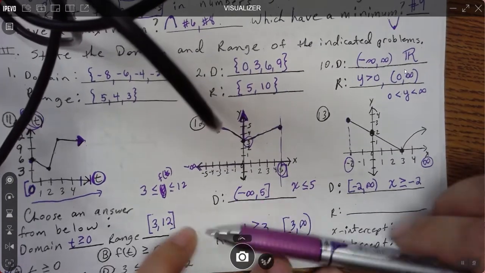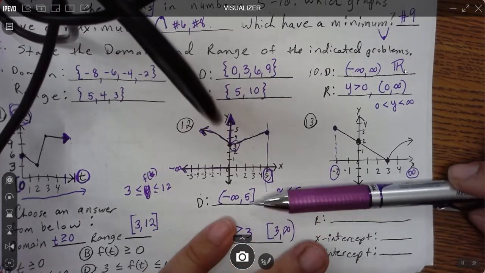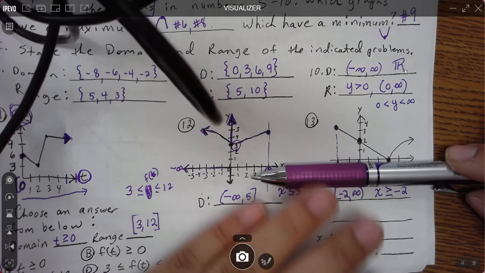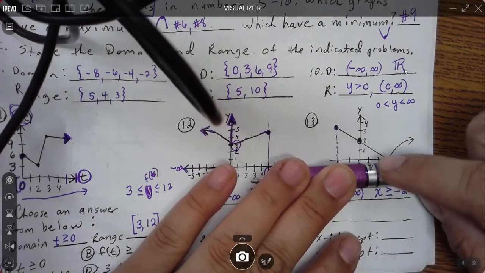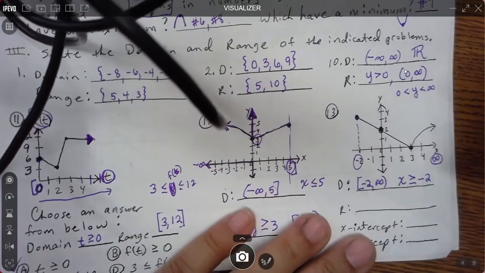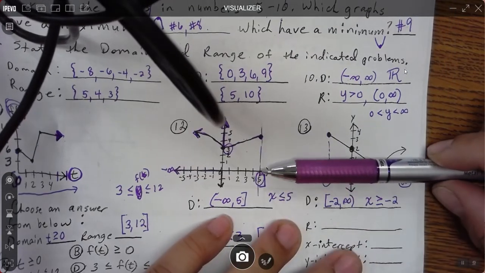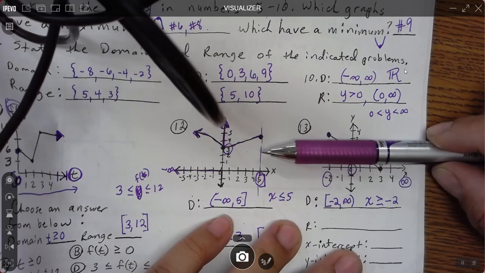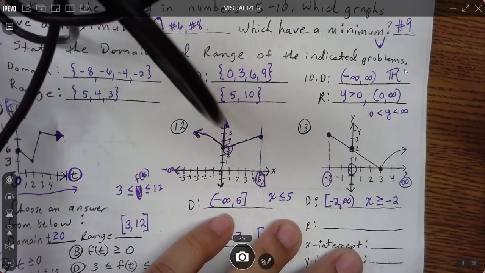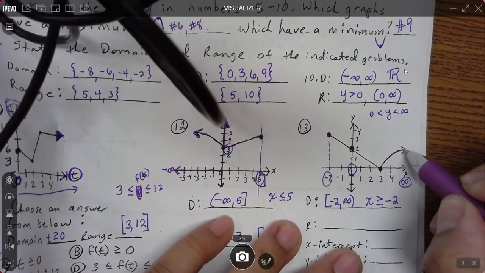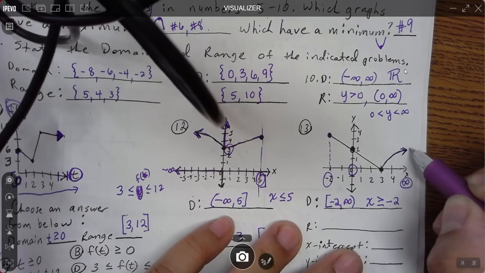All right, let's look at the range. For the range, the first time we touch the function is here at this point, and that's y equals 0. So it might seem that it stops here, but this is slowly rising forever, okay?